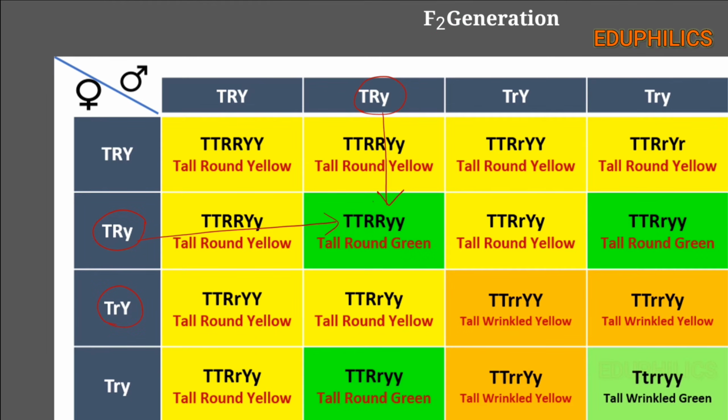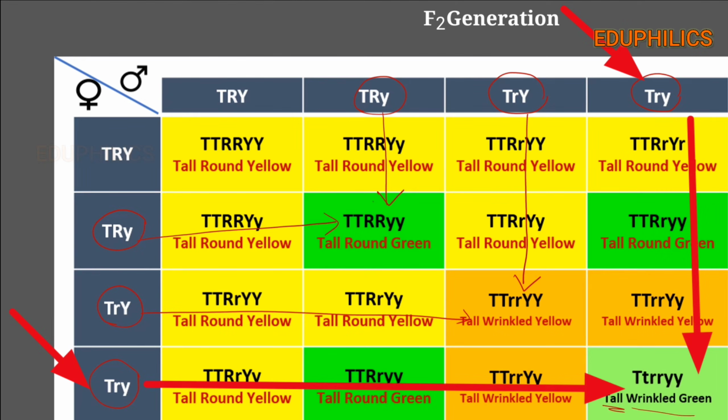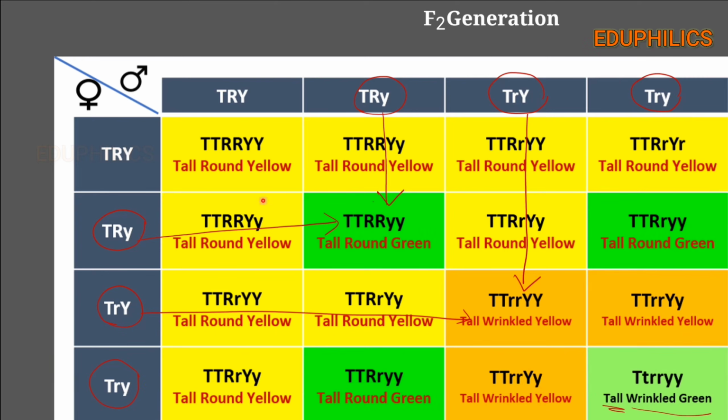Likewise, if capital T, small r, capital Y fuses with capital T, small r, capital Y, a tall plant with wrinkled yellow seeds is formed. Now observe here that capital T, small r, small y may fuse with capital T, small r, small y gamete. Then a tall plant with wrinkled green seeds is formed.